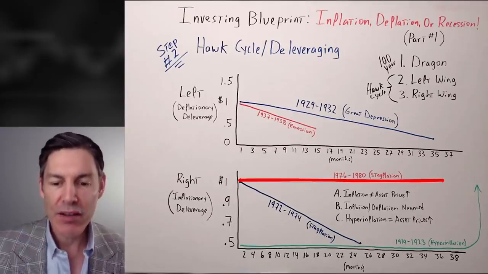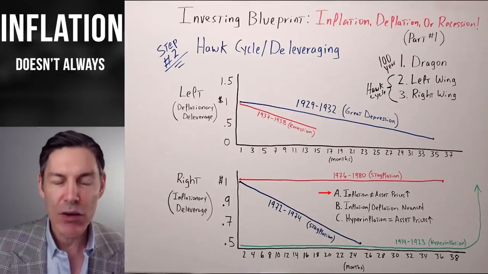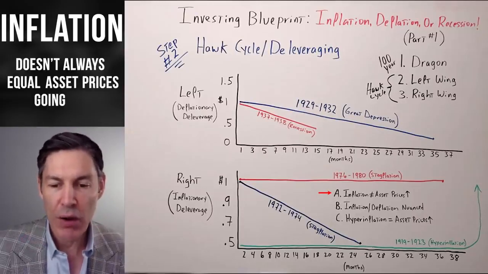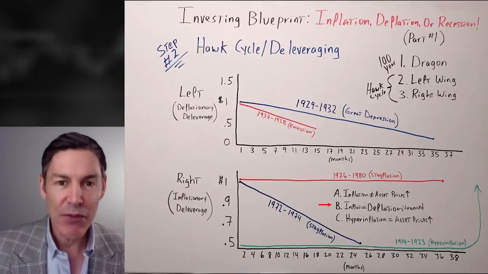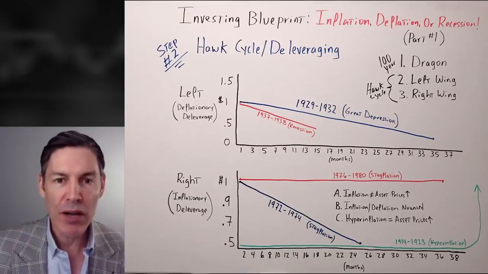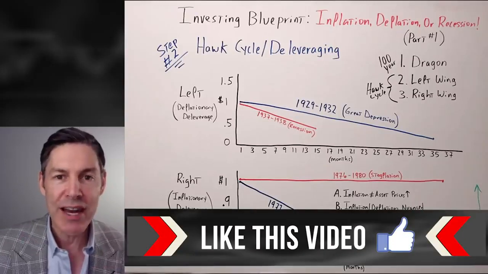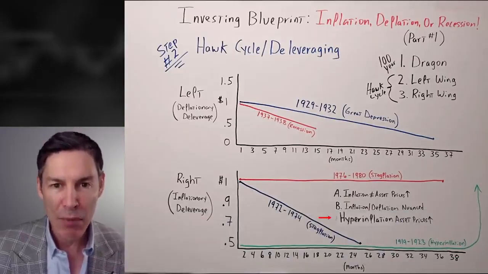So what this tells us is that inflation doesn't always equal asset prices going up. Takes me back to what I've been saying the last month or so, that inflation and deflation is extremely nuanced. It's not binary. And the only times throughout history where we've always seen asset prices go up is in times of hyperinflation.